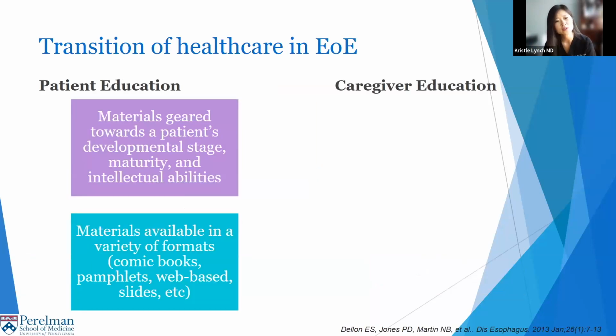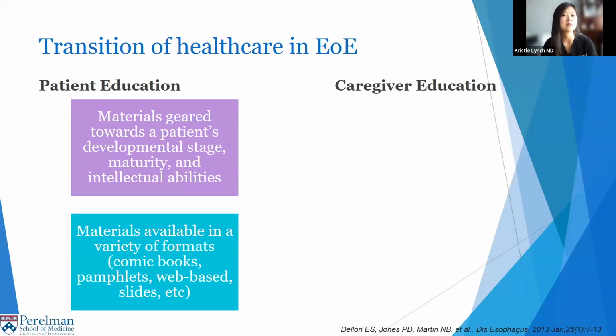And there's two types of important education. Actually, there's more than two, but there's two that we'll discuss here: patient education and caregiver education. So it's interesting. Patient education is very obvious, right? Materials geared towards the patient at whatever developmental stage they're in, that's appropriate for their maturity level and their intellectual abilities.